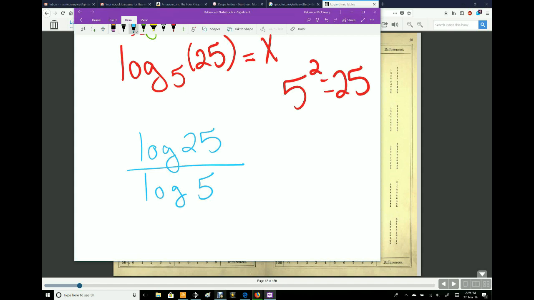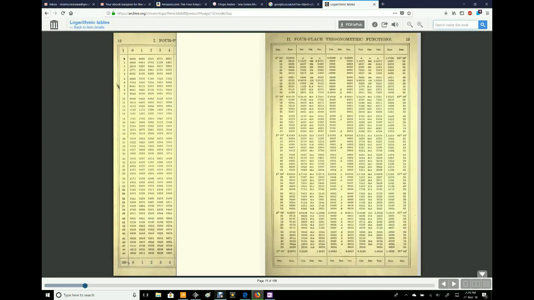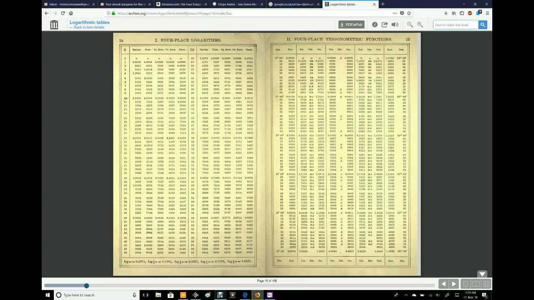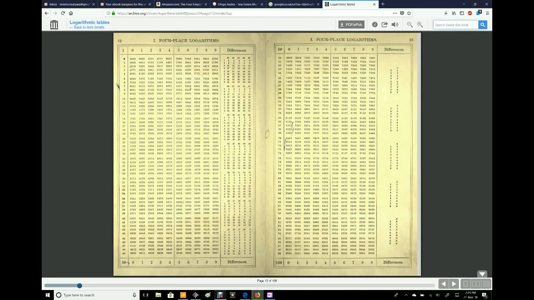So we need to look up our logarithm of 25. We go to our logarithm tables and don't turn the page. Okay, so here's our logarithms. We come down, we're looking for 25. We've got zeros here. That means there's nothing in that column, so any of these numbers is going to be 0 point something.